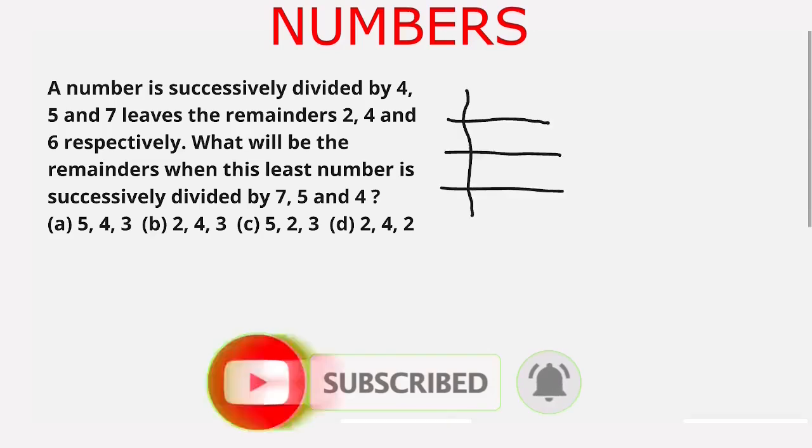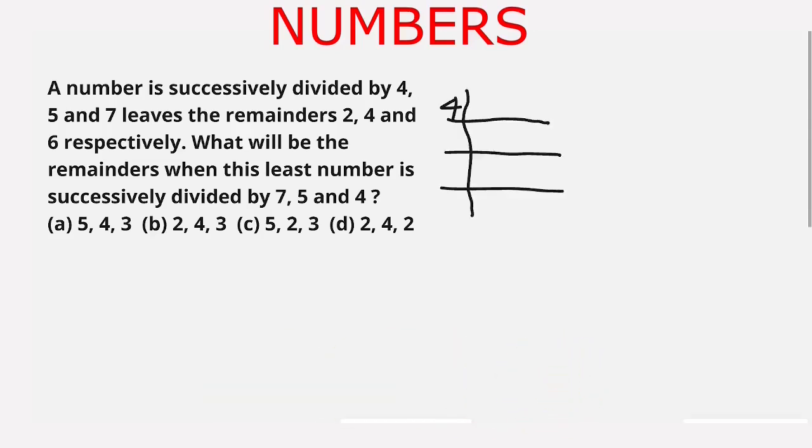The successive divisors are 4, 5 and 7, and the successive remainders are 2, 4 and 6. For the least number, the last quotient is 0, and quotient multiplied by divisor plus remainder gives us the last dividend: 7 multiplied by 0 is 0 plus 6 is 6.